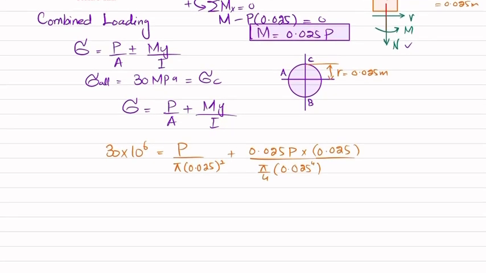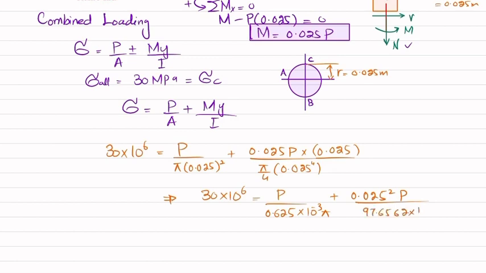So when you solve this, you will get 30 times 10 raised to power 6 equal to P divided by 0.625 times 10 raised to power minus 3 pi, plus 0.025 square times P divided by 97.6562 times 10 raised to power minus 9 times pi.